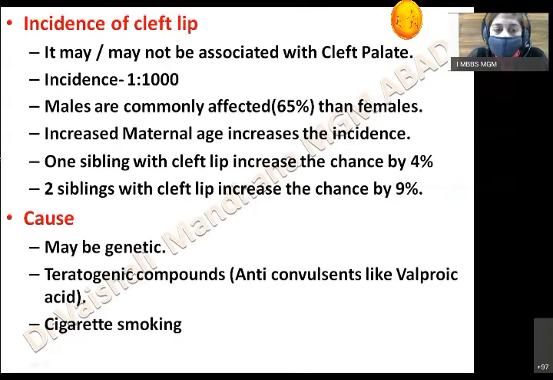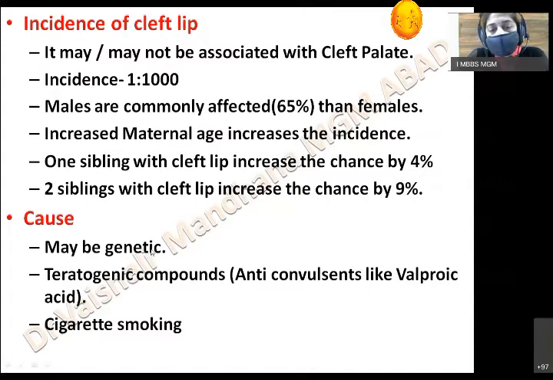Causes: it may be a genetic cause, cigarette smoking during pregnancy, or teratogenic compounds like valproic acid, an anticonvulsant drug. If valproic acid is taken during pregnancy, it will lead to cleft lip. So these are the three causes.